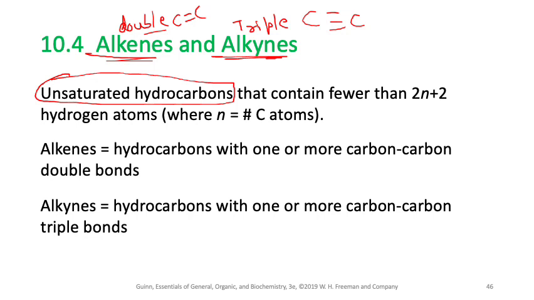So let's talk about these two unsaturated hydrocarbons, alkene and alkyne, separately, and talk about their properties, their structure, how to name them, right? So let's get started with the alkene.